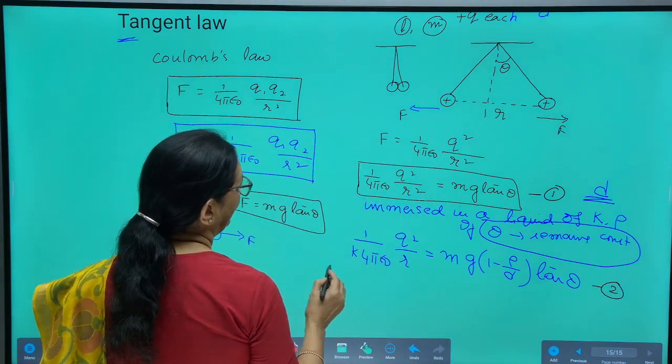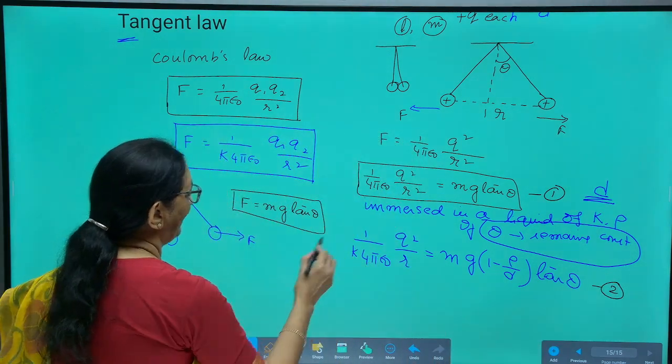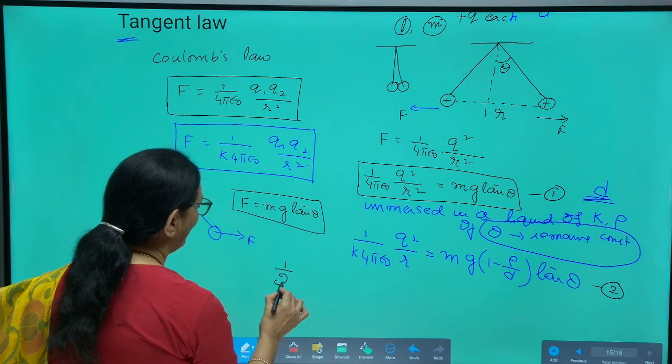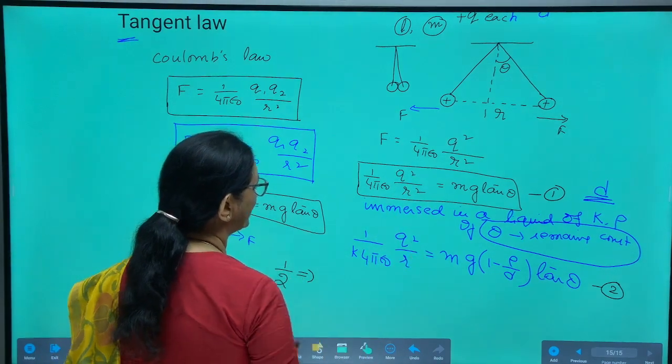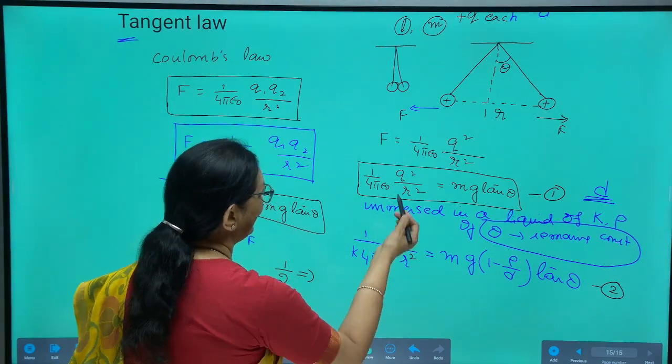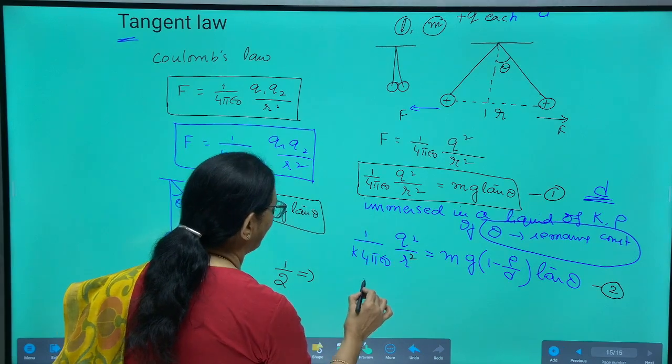See here, if you just divide equation 1 by equation 2, 1 by 4 pi epsilon naught q square by r square gets cancelled, and K goes to the numerator.